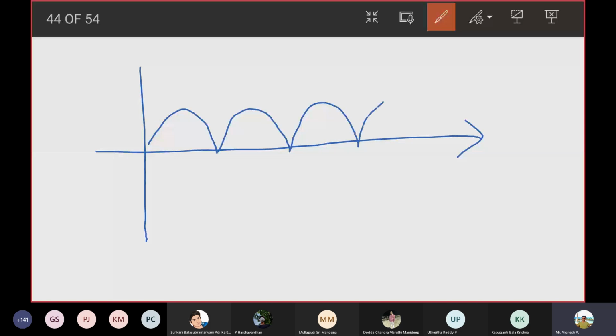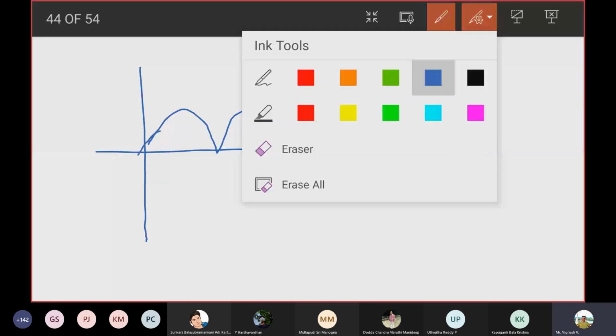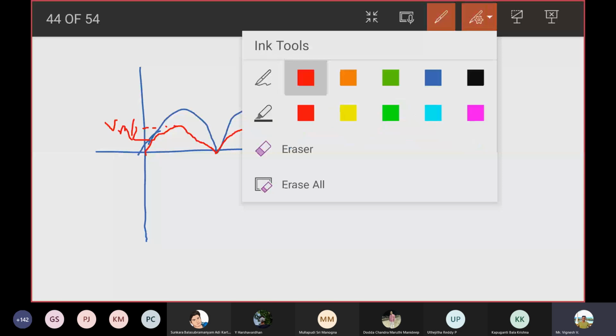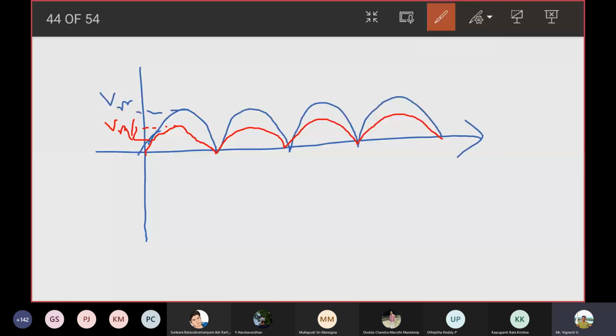If this is the output for a bridge rectifier, the output for your center tap full wave rectifier would look something like this. This is only Vm by 2. Whereas for a bridge rectifier, this is Vm. But at the input side, you are giving the same input. At the input side, you are giving the peak input as Vm only.